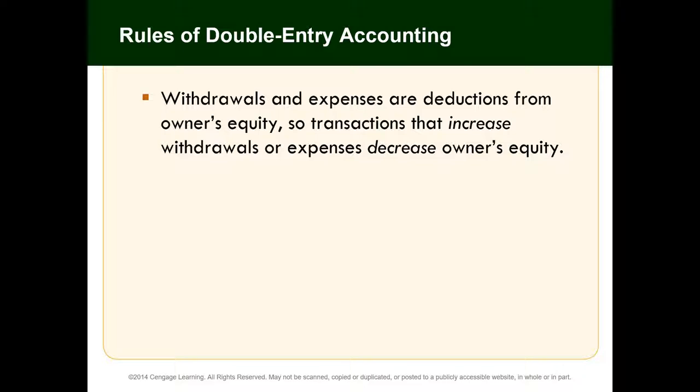Started the business by investing $10,000. All right. Now, what does double entry accounting say? It says every transaction has two sides. So for this transaction, what are the two sides?